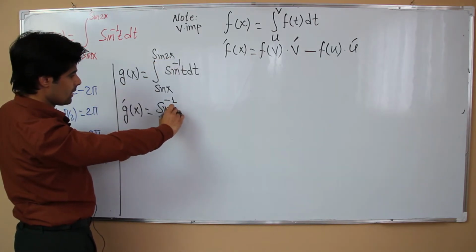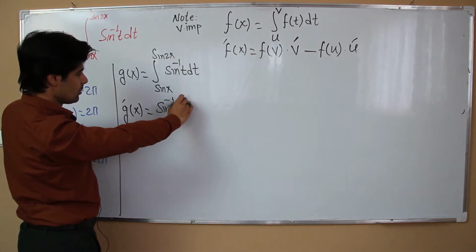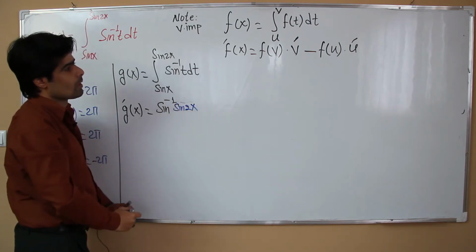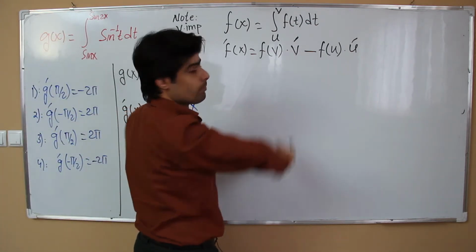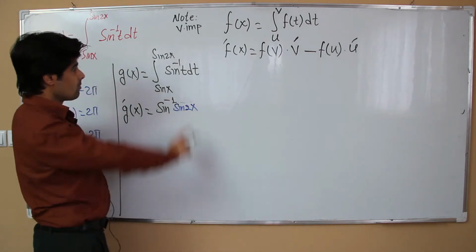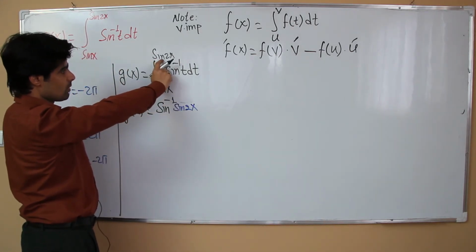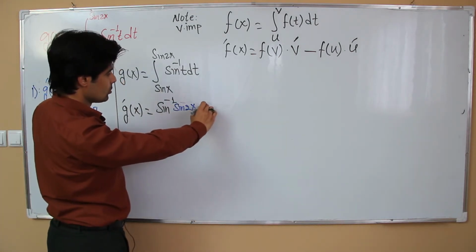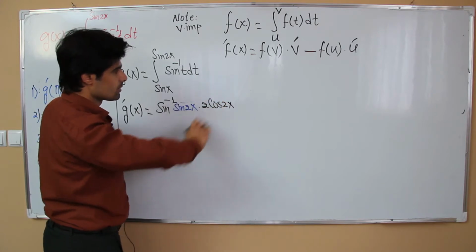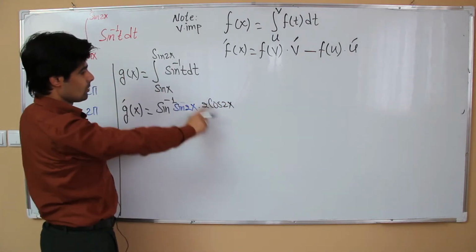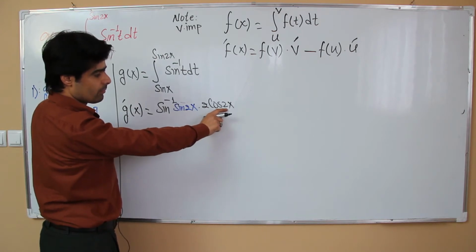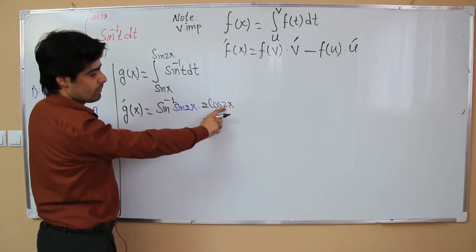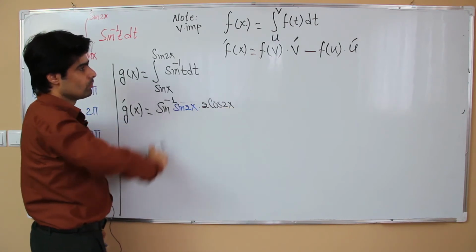It is sine 2x times v prime. What does it mean? It means you have to take the derivative of this one. What's the derivative of sine 2x? I think it is 2 cosine 2x. Am I right? The cosine 2x, and the derivative of the 2x is a number which is the coefficient of x, which is 2.